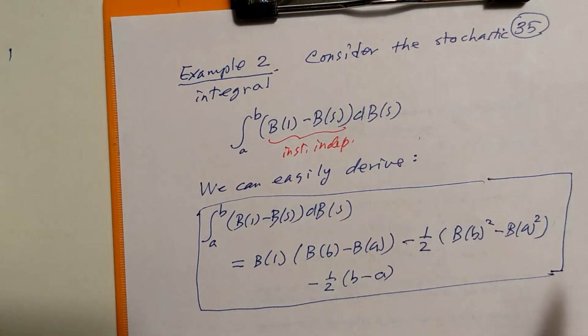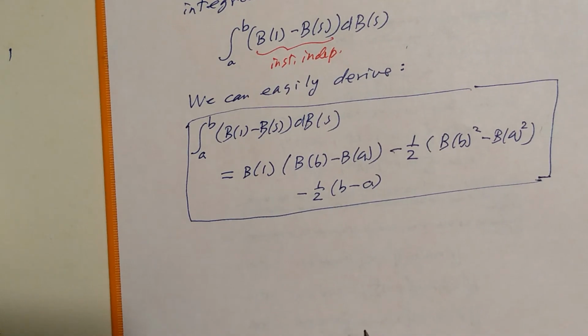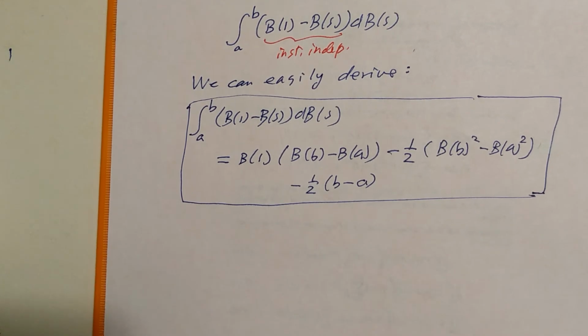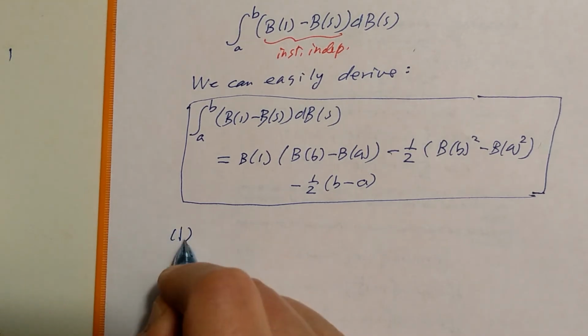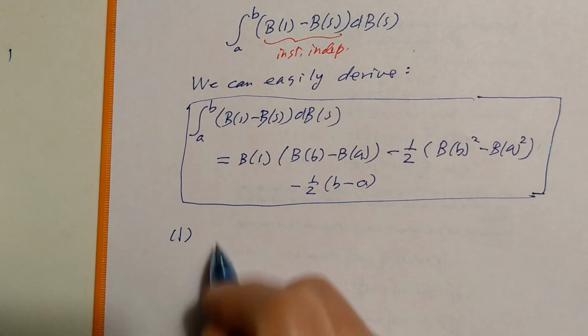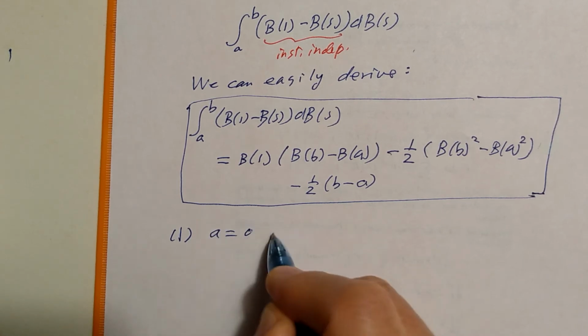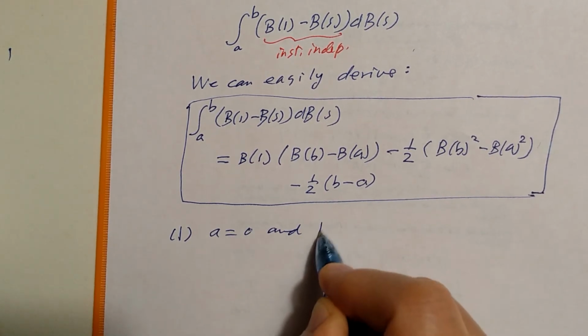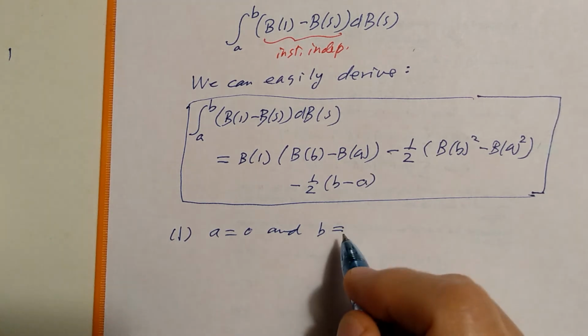Okay? Let's put A equal to 0 and B equal to t.